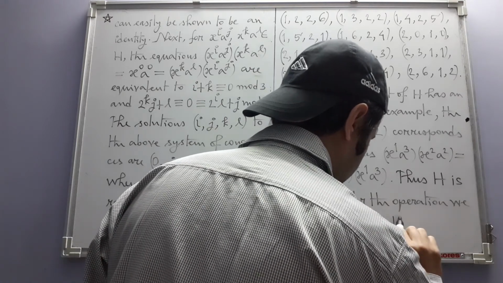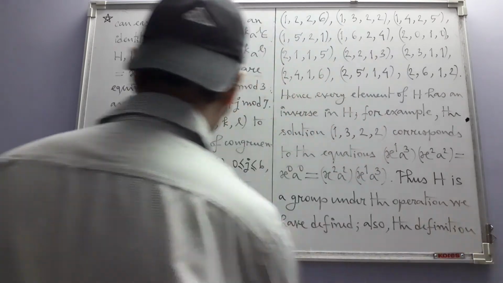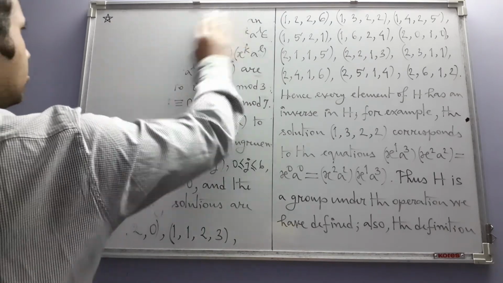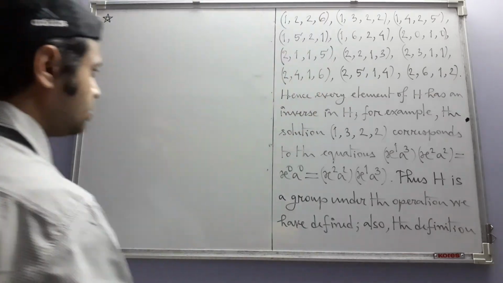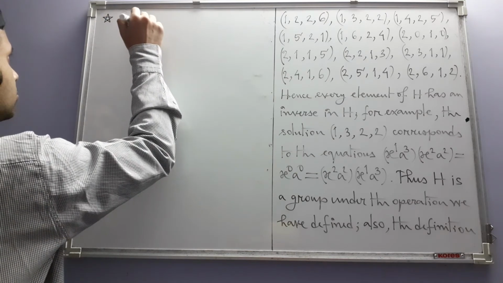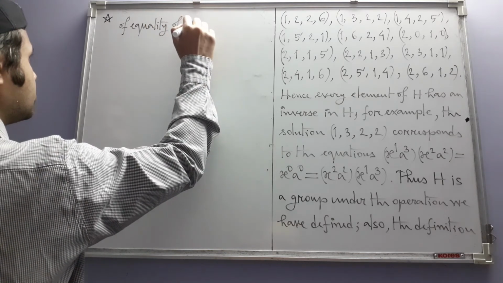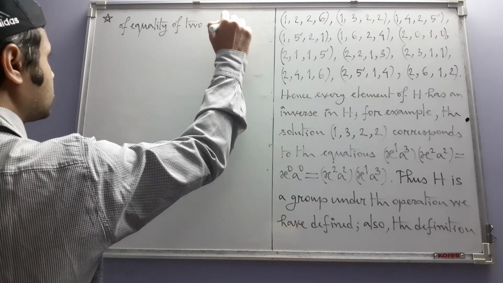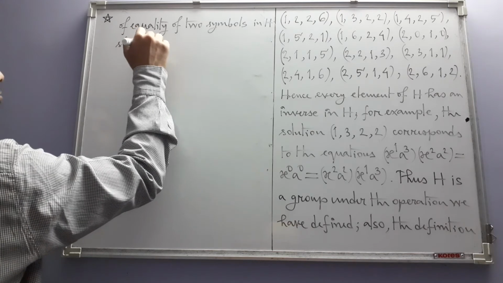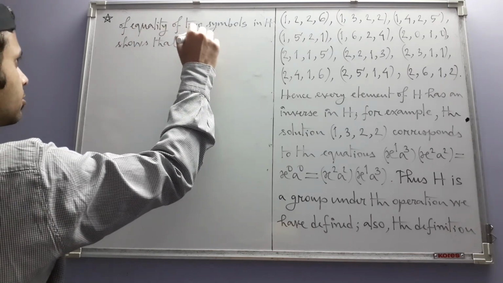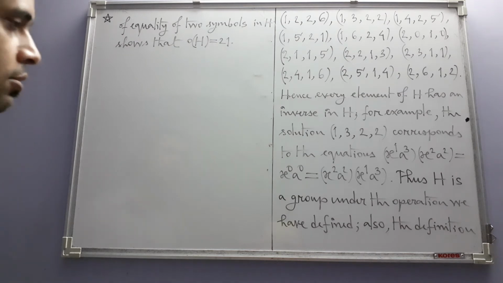Also, the definition of equality of two symbols in H shows that the order of H is 21. Okay, so what else?